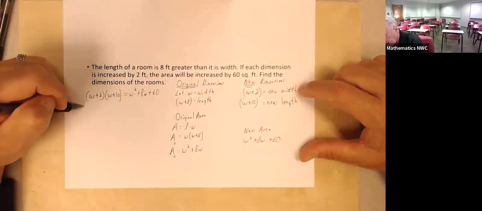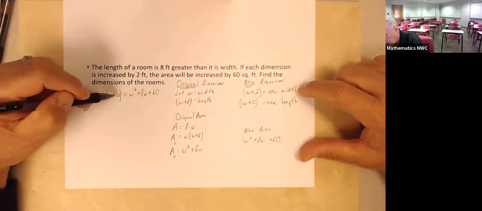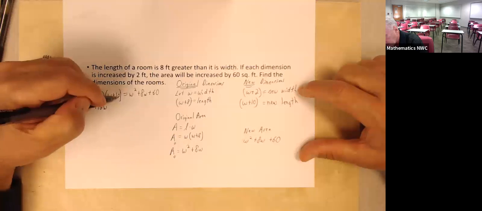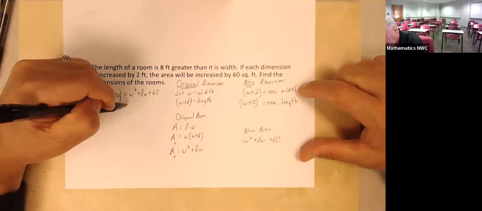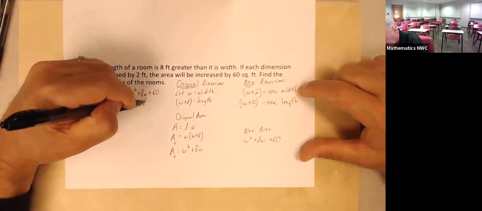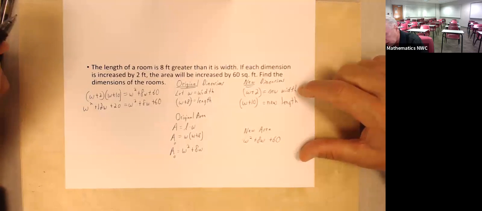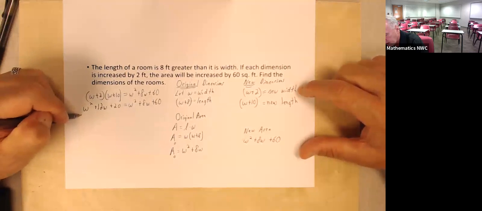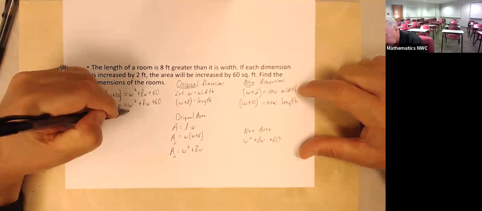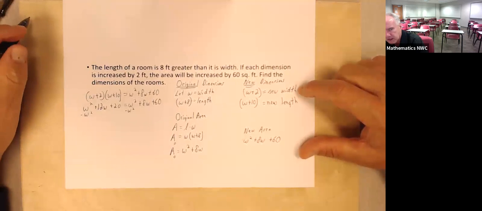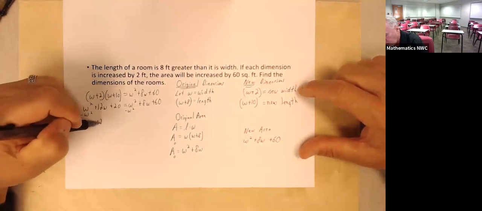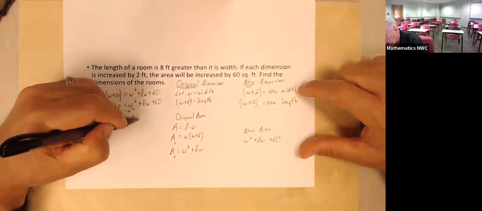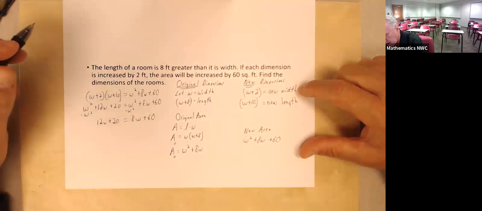Foiling this out, I get W squared, I get 2W and 10W, which gives me 12W, and I get 2 times 10, which is 20, equal to W squared plus 8W plus 60. Second degree, but I've got a W squared on each side, so I can subtract W squared from each side. That gives me 12W plus 20 equals 8W plus 60.